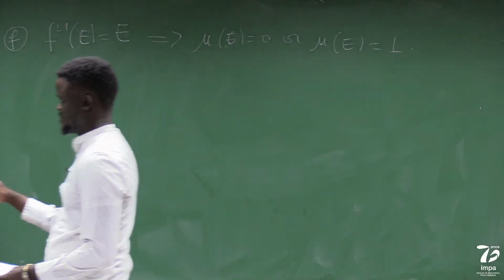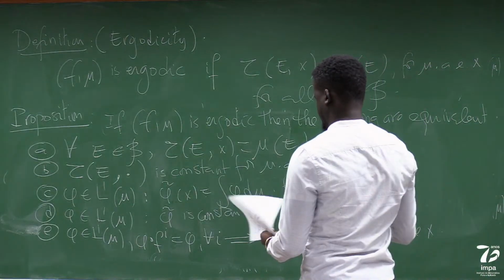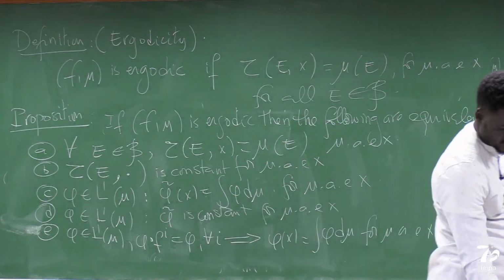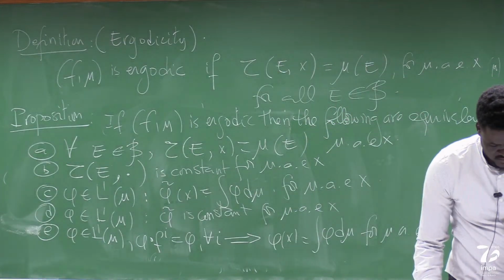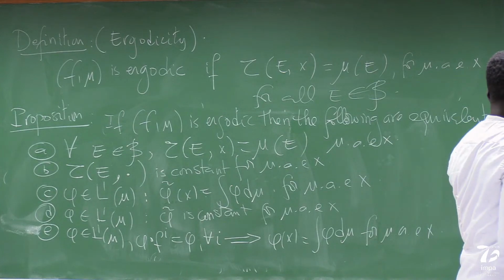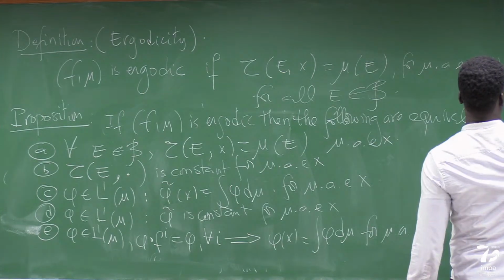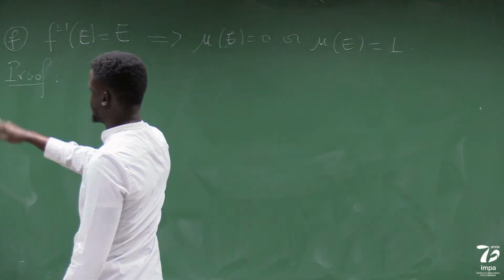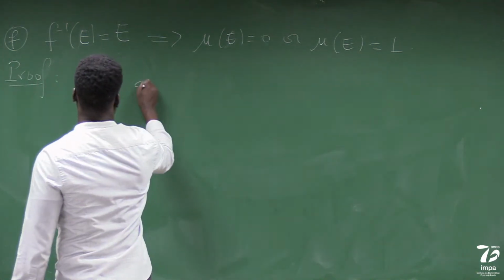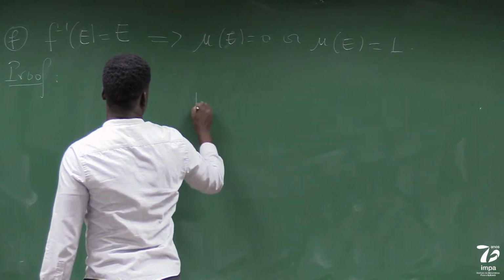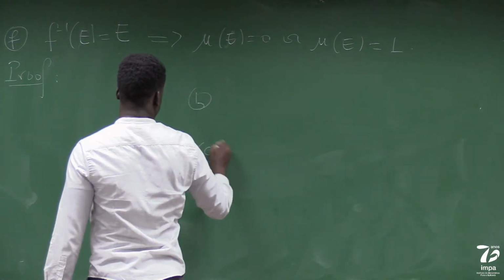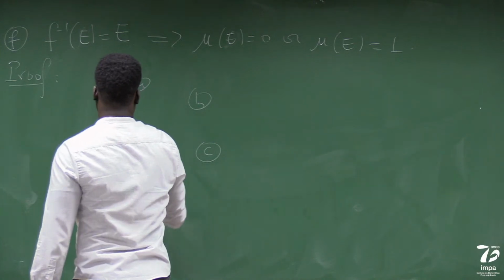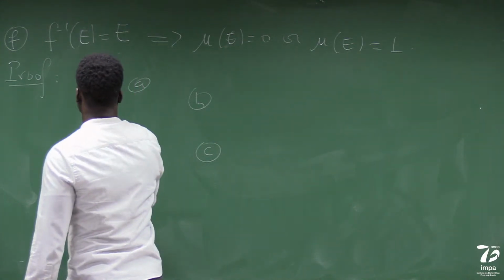Most of these properties don't require proofs, okay? So for the proof, let's just do a diagram here. We're going to prove that all these are equivalent. So I have A, B, C, D, E, F here.